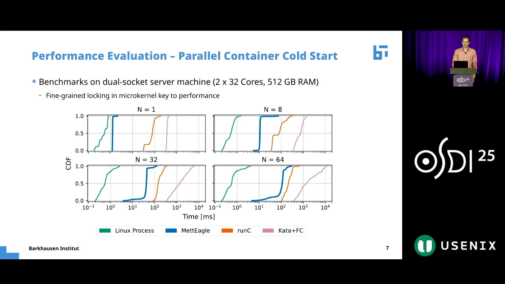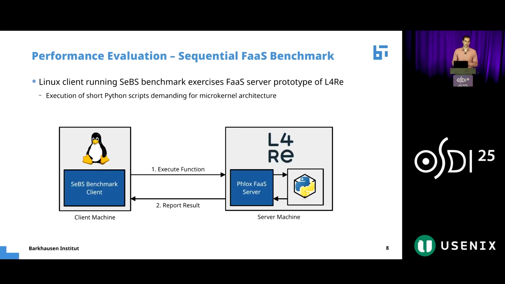Okay, having said that, let's look into an application benchmark. To this end, we used ZEPS, which is a standard benchmark to test serverless implementations of cloud providers. And the way we changed the setup is that we had 2 machines, so one running Linux with the ZEPS benchmark client.